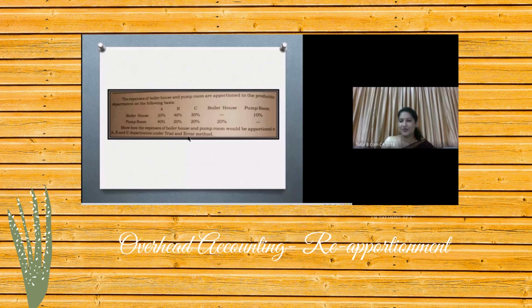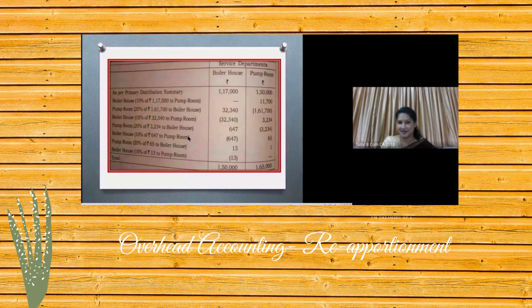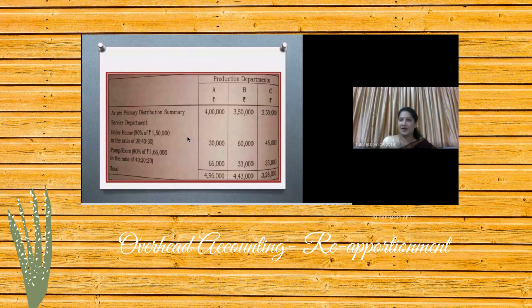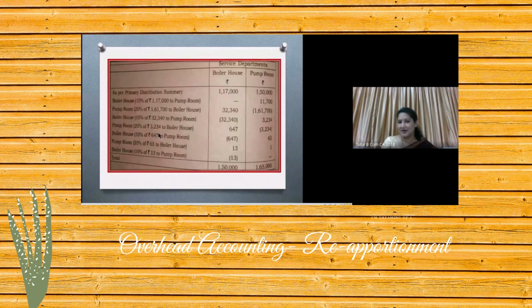But what we have to remember here is that the total which we take here for boiler house is inclusive of this share, which we have already computed based on our first step.